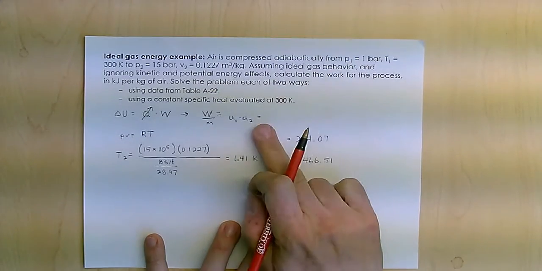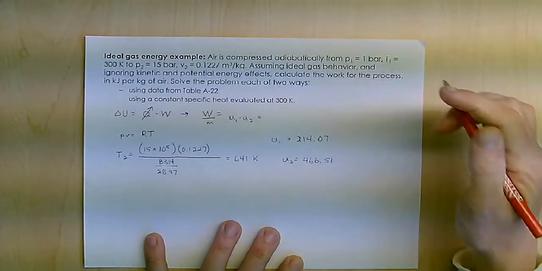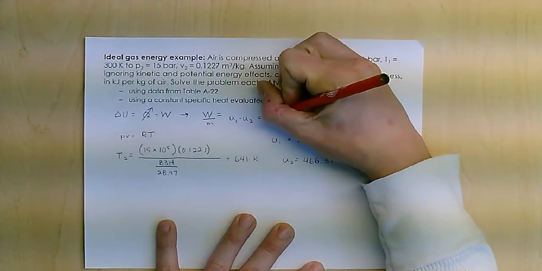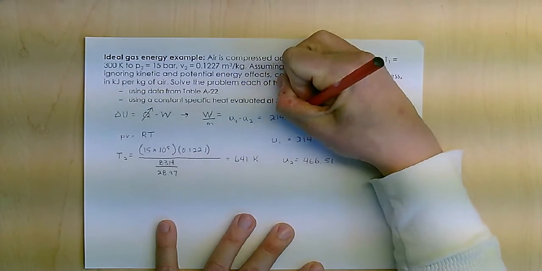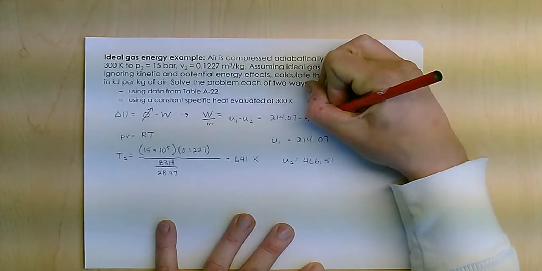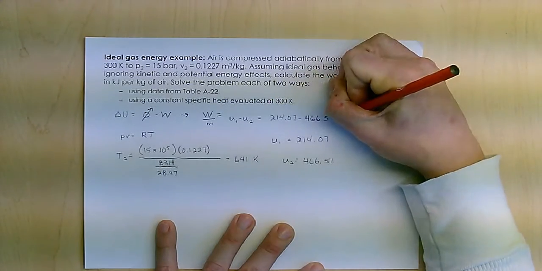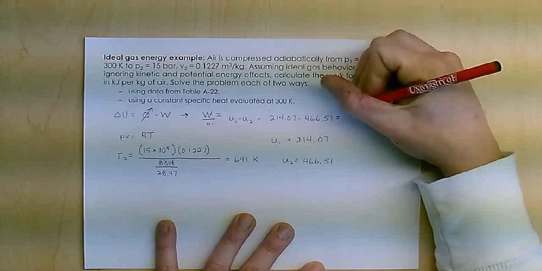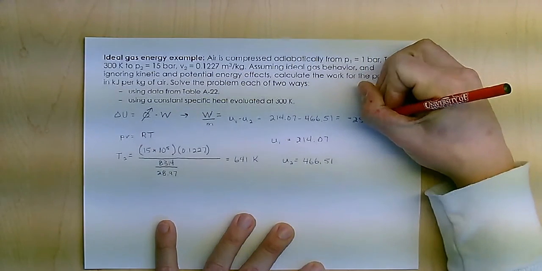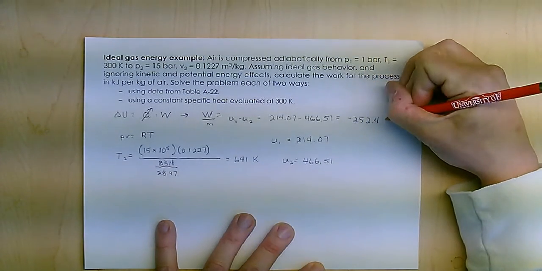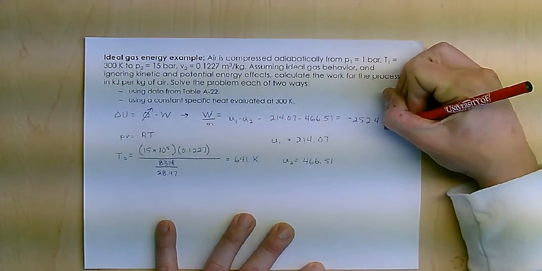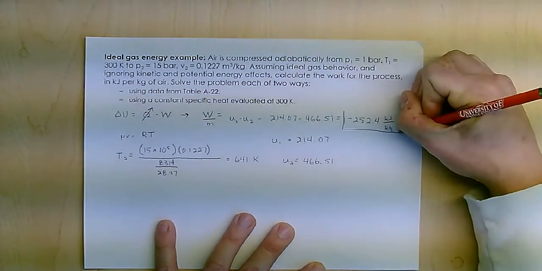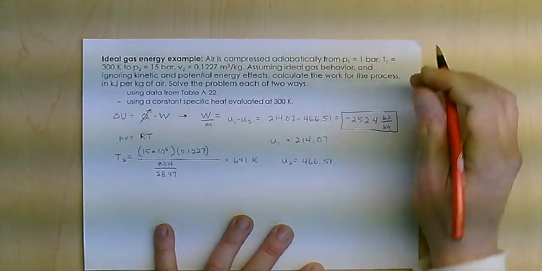Throwing that into my equation up here, I get 214.07 minus 466.51 equals negative 252.4, and my units on this are kilojoules per kilogram. Now this is the answer I would prefer that you get.